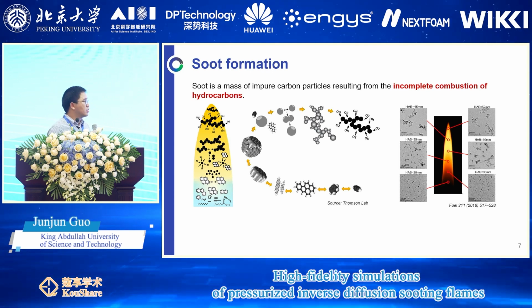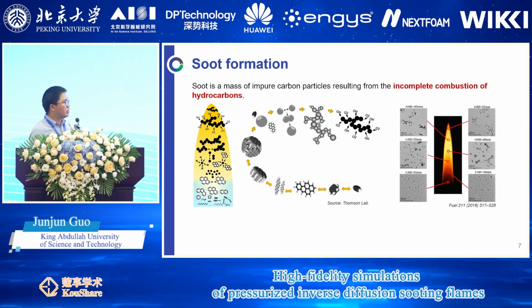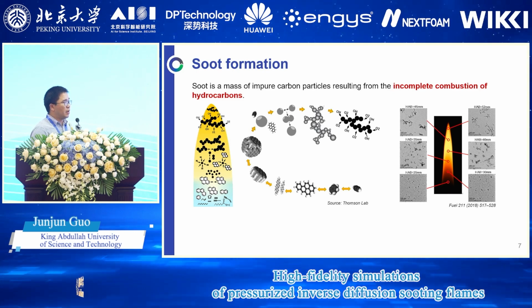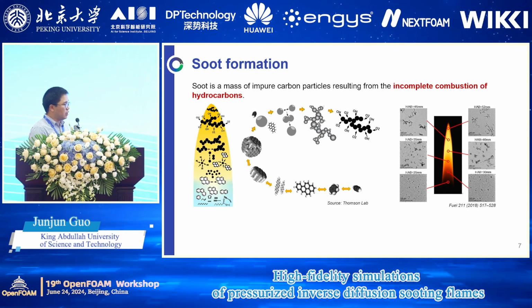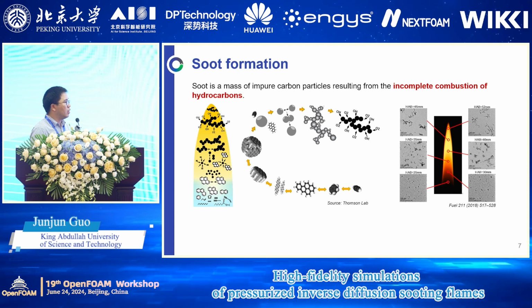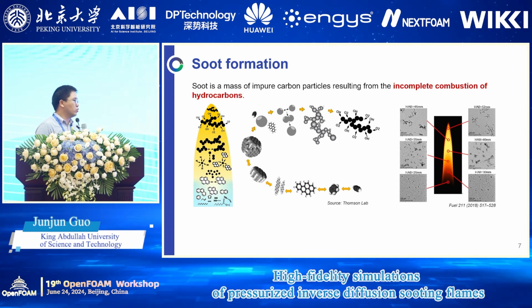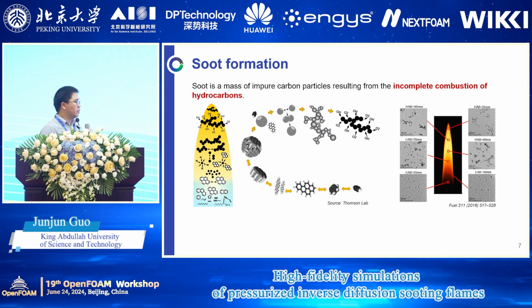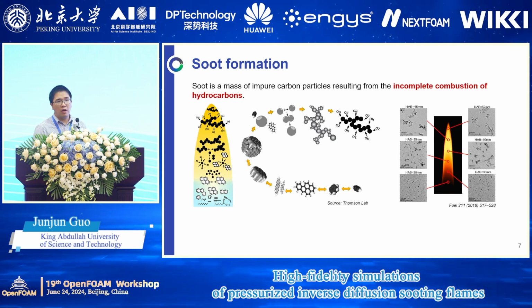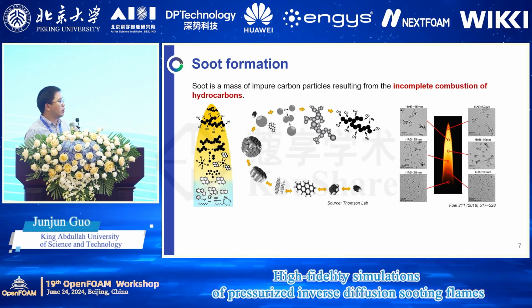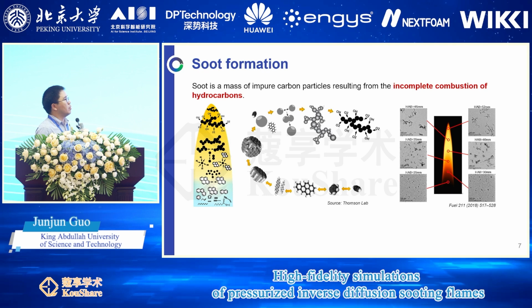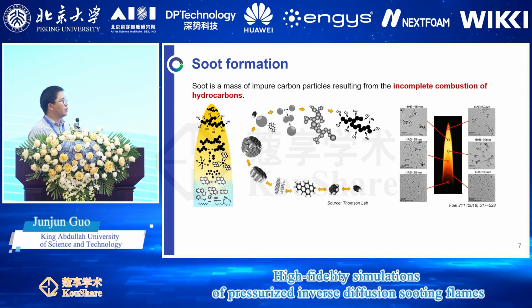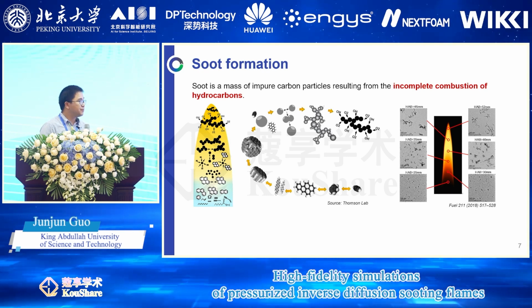Through many years of study, we have identified multiple pathways to form soot. For example, from the gas phase, through the nucleation process to form the first particles, and then through surface growth, condensation, and coagulation to larger particles, and finally they may be oxidized by OH or oxygen.